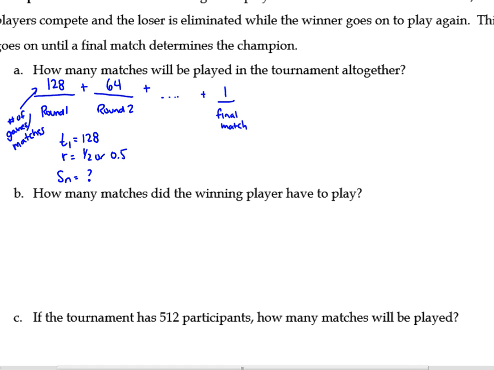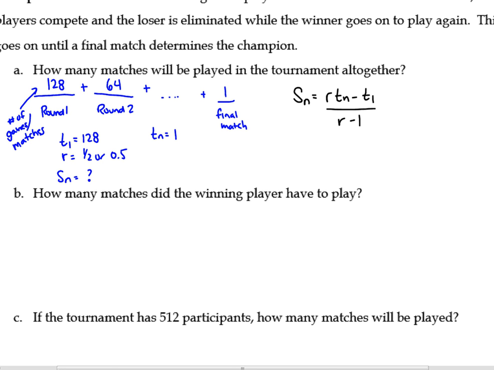Do we know anything else? The last term is 1. So we can use the second formula, R times T of n minus term 1 all over r minus 1. So you can use 0.5 or 1/2.